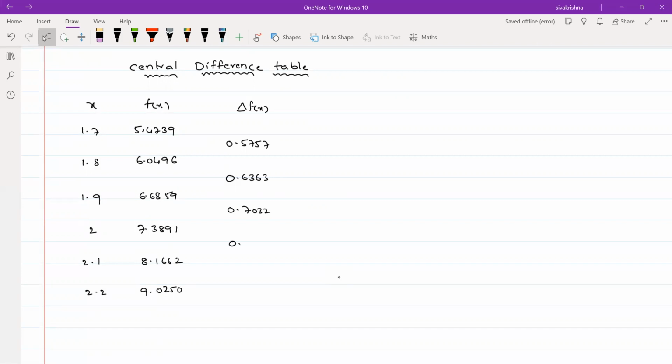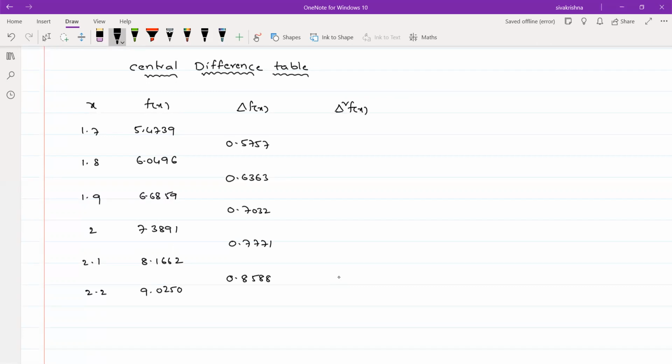After that we get 0.7771. And finally, on subtracting 9.0250 minus 8.1662 we get 0.8588. Once again you have to check with your calculator whether the differences are correct or not.